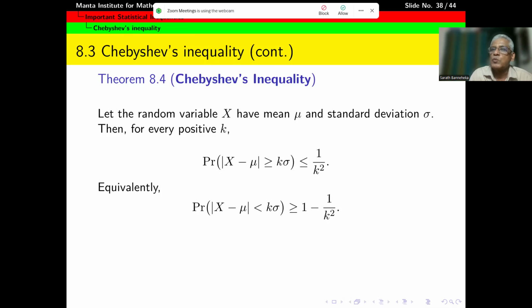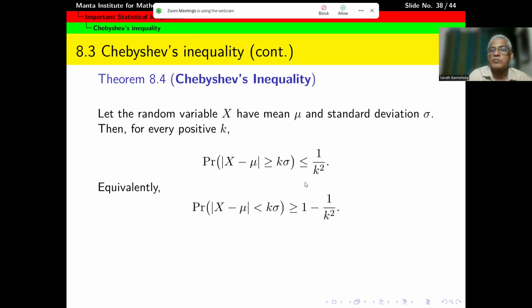In other words, it is more useful to ask what we can say about the probability that x will be around mu, within k times sigma distance from mu, right? From this we can say the probability that the absolute value of x minus mu is less than k times sigma is greater than or equal to 1 minus 1 over k square, right?